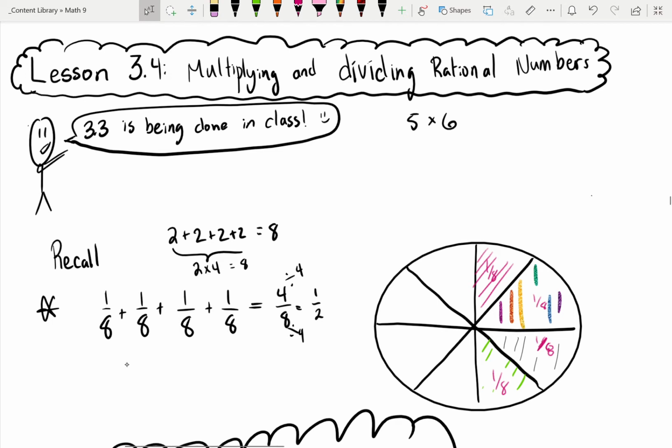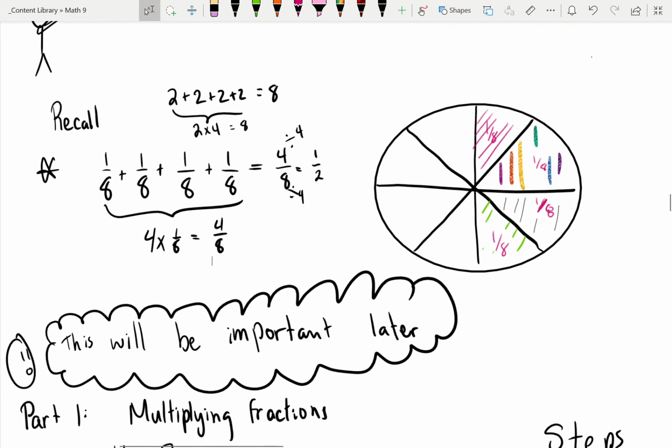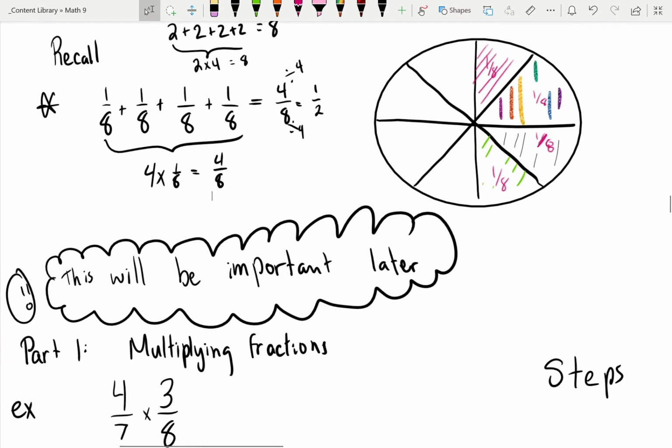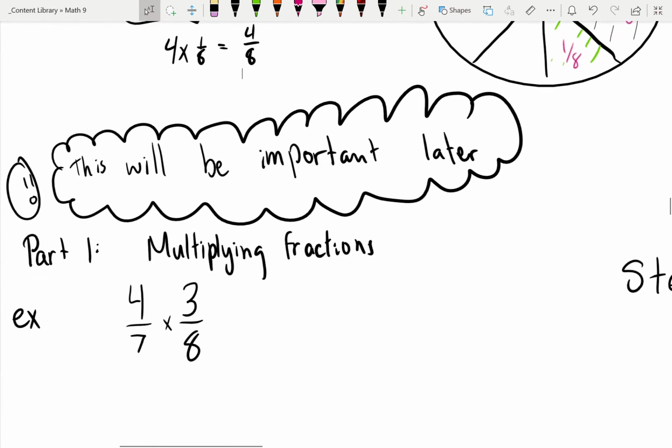So in our minds, we're going to start thinking about this, rather than 1/8 plus 1/8 plus 1/8 plus 1/8, as 4 times an eighth. And that's equal to 4/8. So keep this in the back of our mind. We're going to build a special case for why this is, but I'm going to look at a more general case first. So keep in mind, this is going to be important later, but we're going to come back to it. For now, we're going to look at just multiplying fractions.